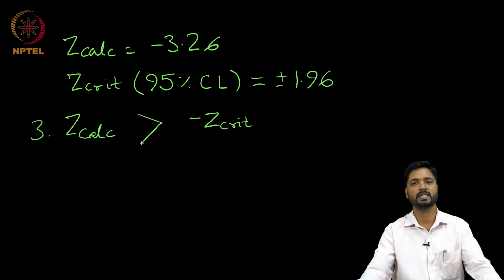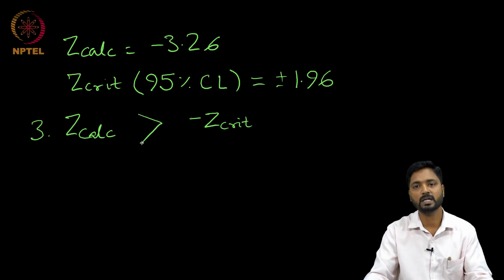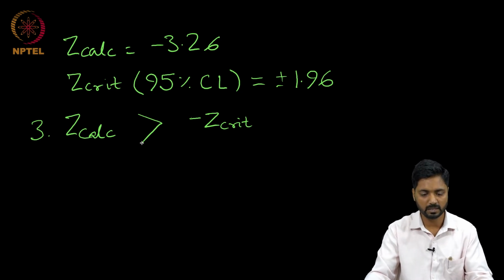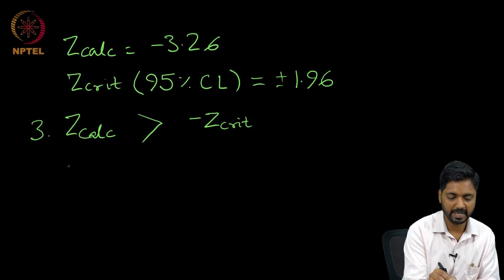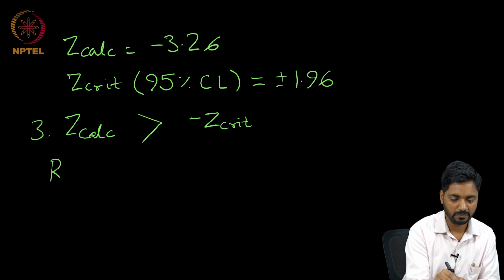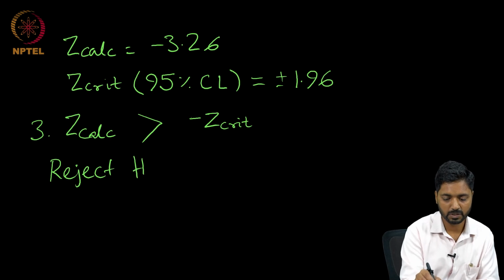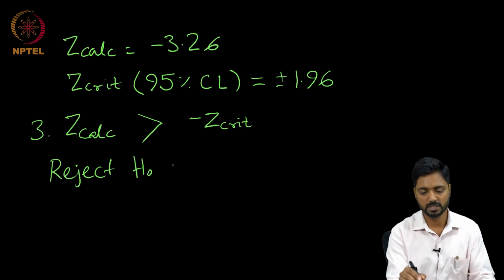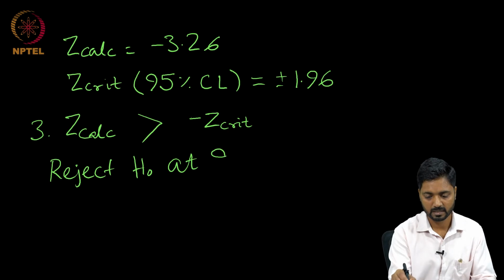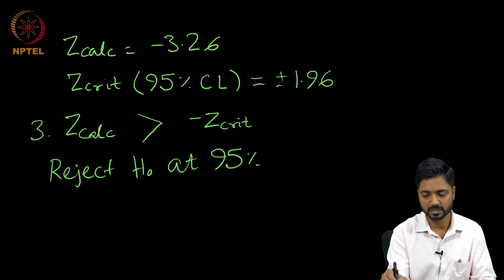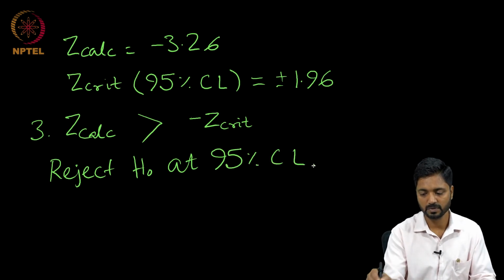So, z calculated is beyond the negative value of the z critical, and we say that we need to reject H naught, the null hypothesis, at 95% confidence level.